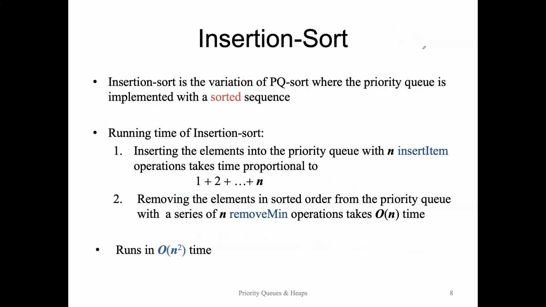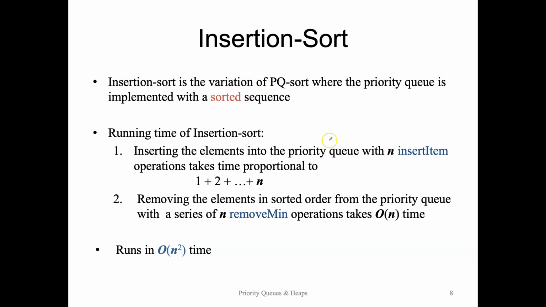Now, if we used a sorted sequence and ran that priority queue sort, this is called insertion sort, because our bottleneck here is inserting items, whereas in selection sort, our bottleneck was selecting whichever item was smallest. Let's see what our running time would be if we use a sorted sequence.